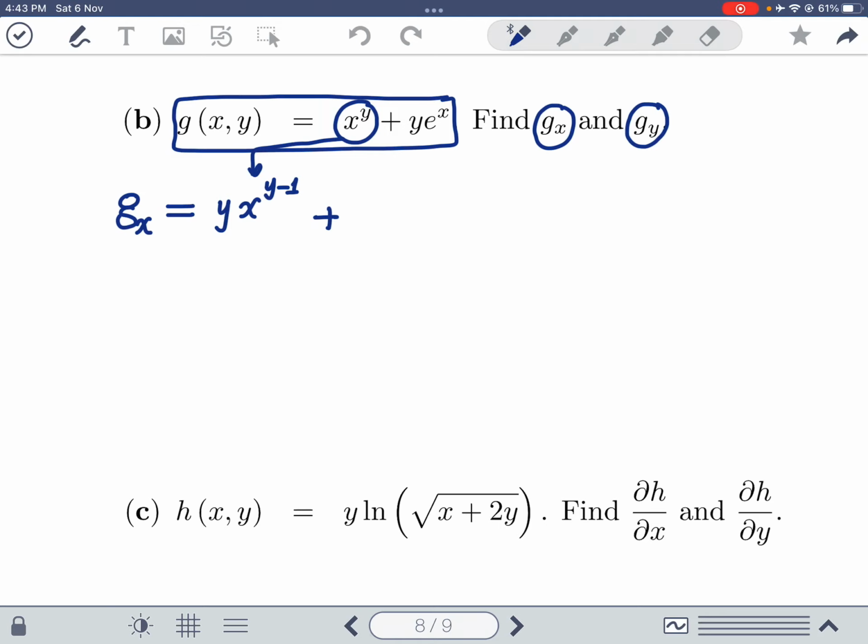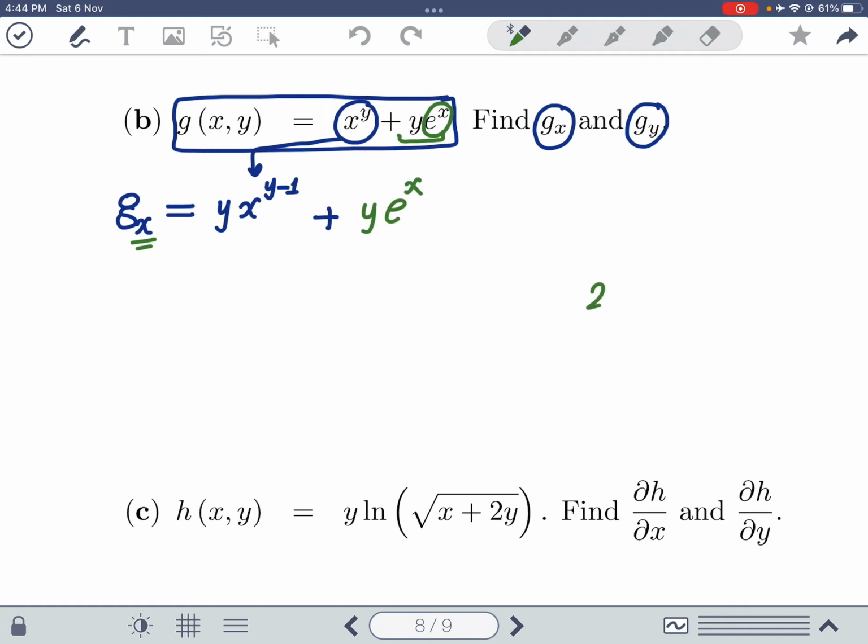Plus, and now with another color, this one with respect, remember, to x. So y is a constant, like the number 2, multiplied by it, so it stays the same. And the derivative of the exponential e to the x, specifically with base e, is the same, e to the x.